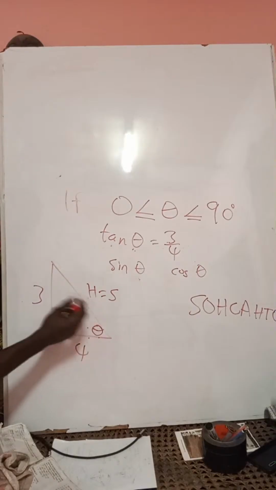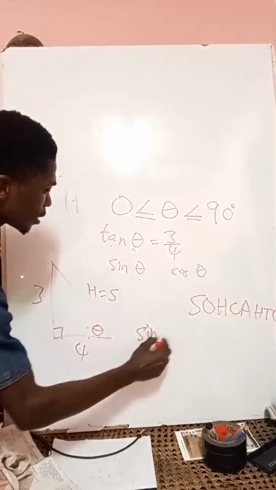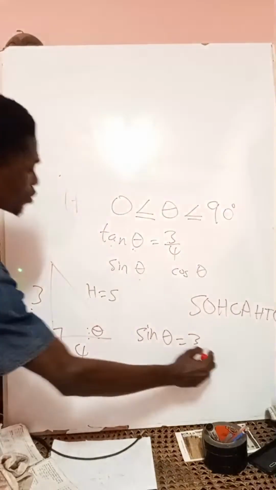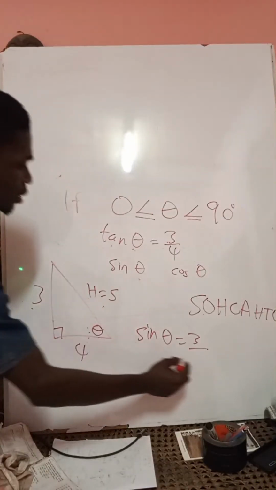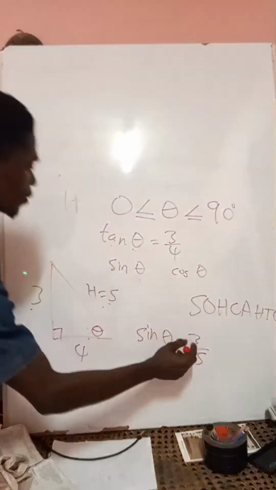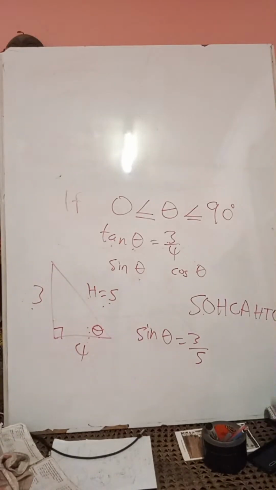We have everything already. Sine theta is the opposite, which is 3, out of the hypotenuse that we have already found, so it is 3 out of 5. Then we are also asked to find cos theta.